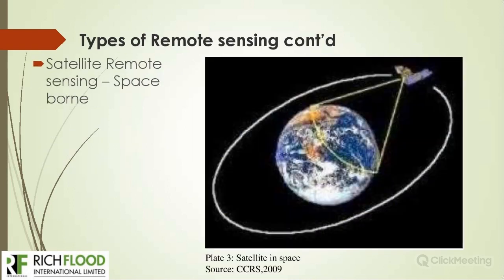So away from the camera remote sensing, we now have the satellite remote sensing, which is the latest form of remote sensing system that we can use to obtain reliable information about objects or phenomena from the Earth's surface.